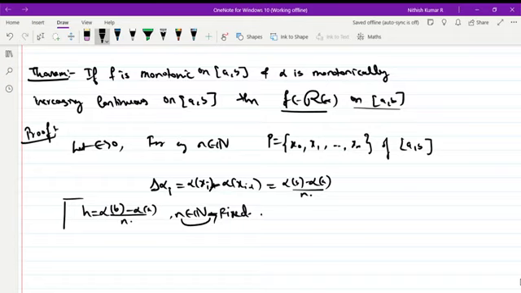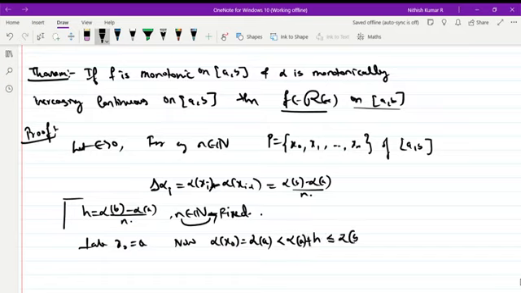Now take x0 as a. Now alpha of x0, that is nothing but alpha of a, which is always less than alpha of a plus h, which is less than or equal to alpha of b.